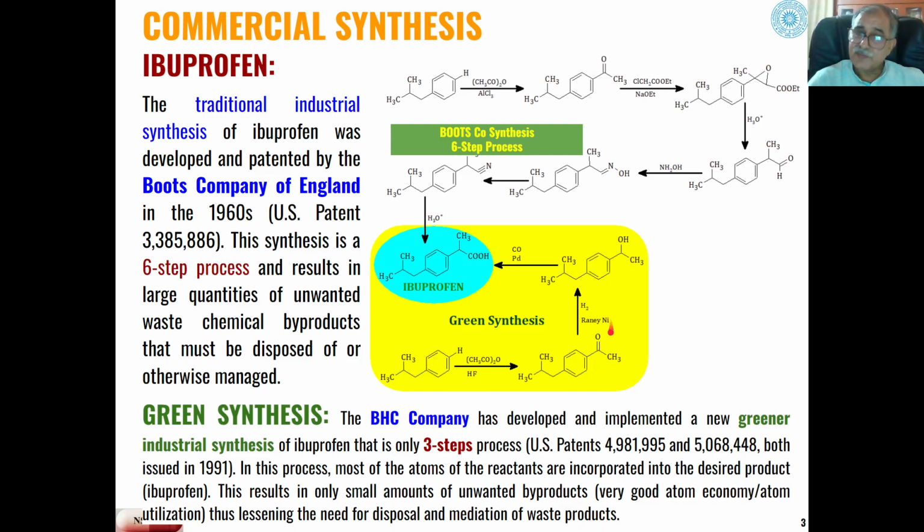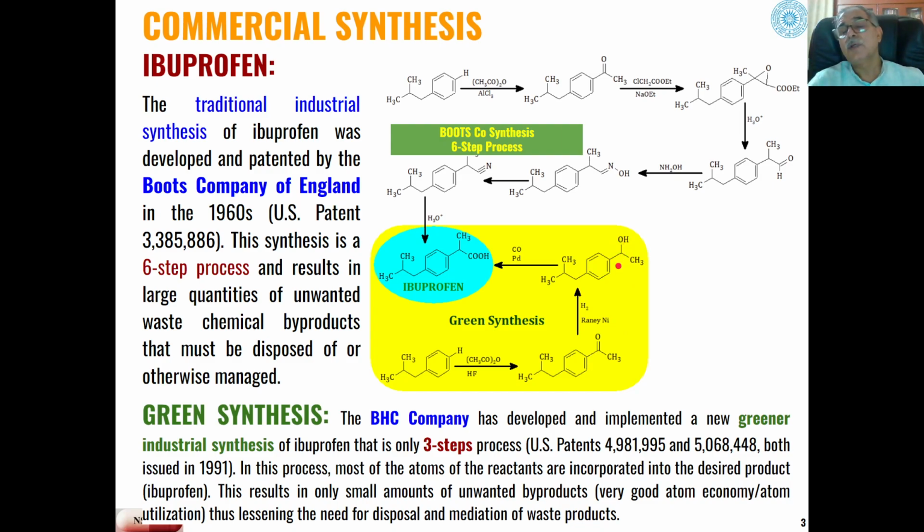But the next step is different. Here reduction of this keto group is done with Raney nickel. Hydrogenation is done, so this ketone is converted into an alcohol functional group.